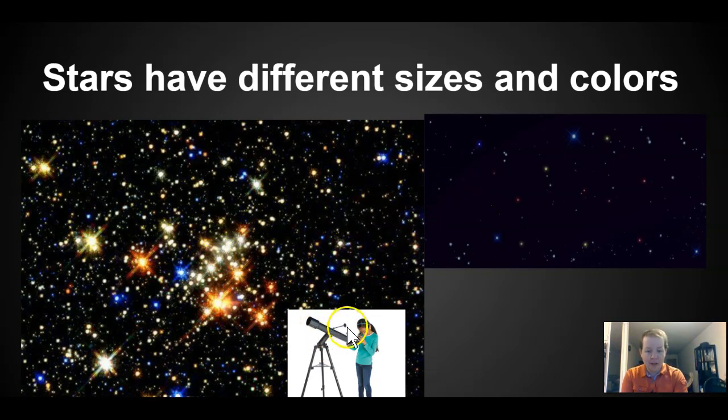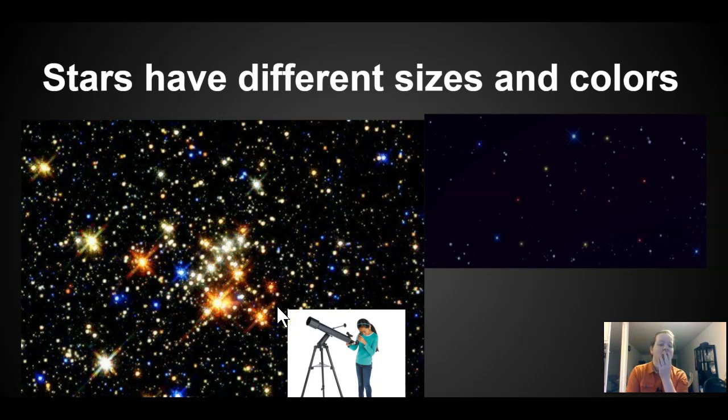With a telescope like this, you might see some yellow, some blue, and this one over here, kind of red. If you have a powerful telescope, like scientists, you can see even more detail, kind of some white, yellow, orange, blue, red. There are different colors.